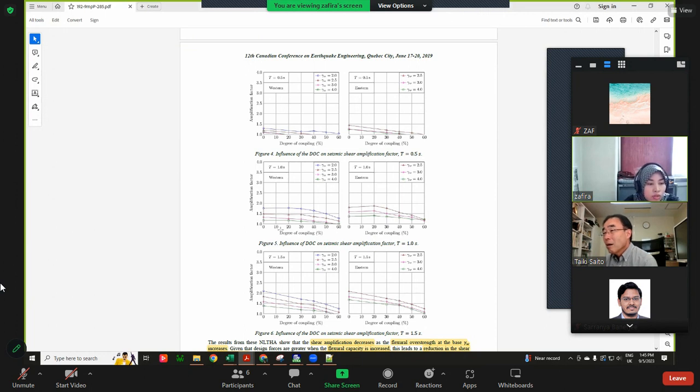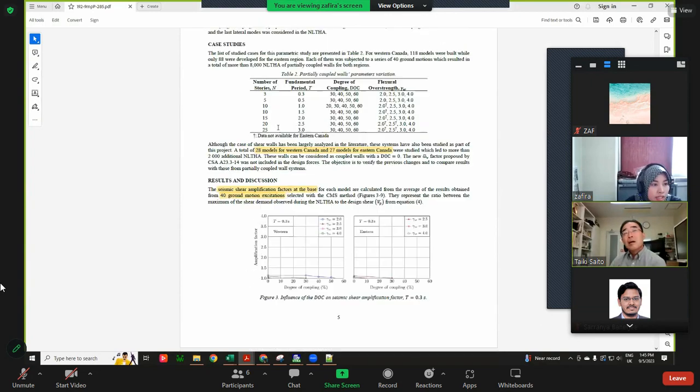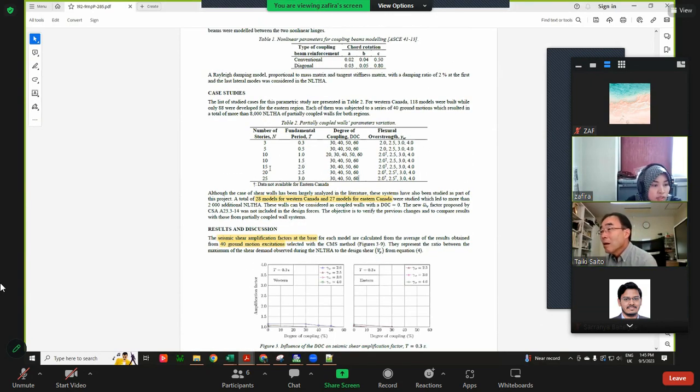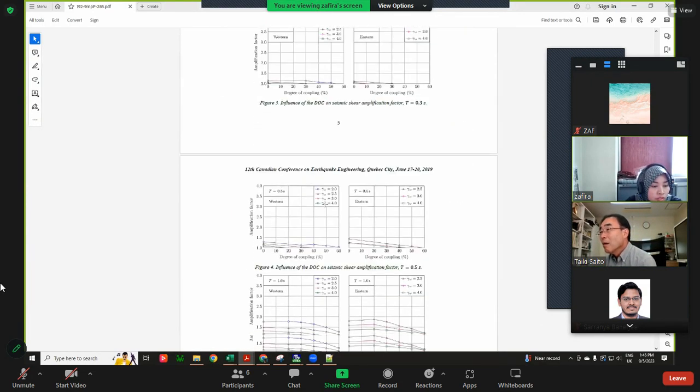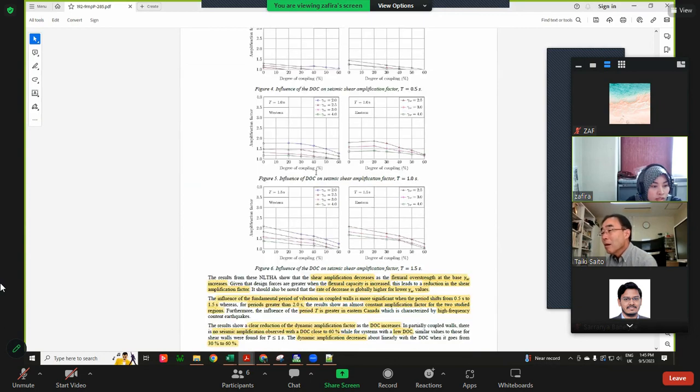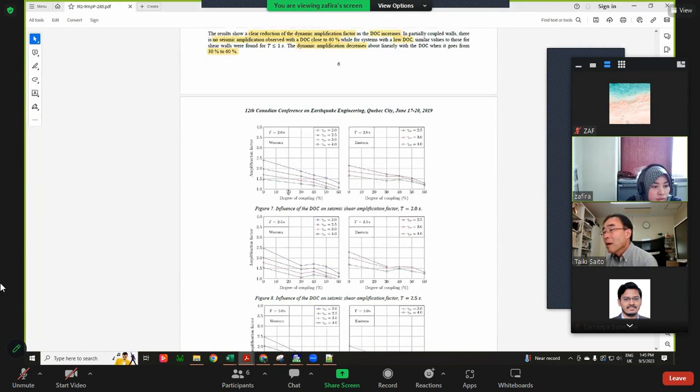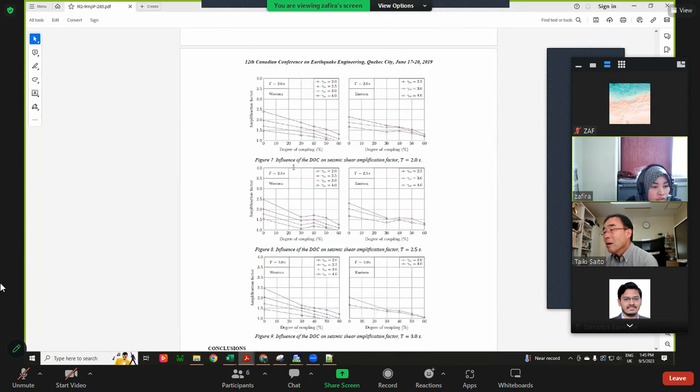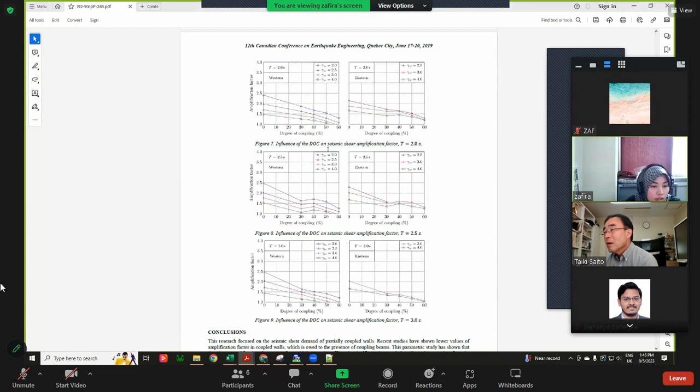So for lower-story buildings, the degree of coupling is around 10% to 30%. With a higher number of stories, for example 15 to 25, the period is much higher, and we can see they have a higher degree of coupling.